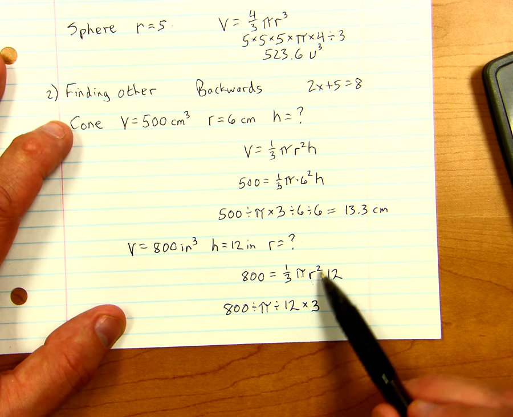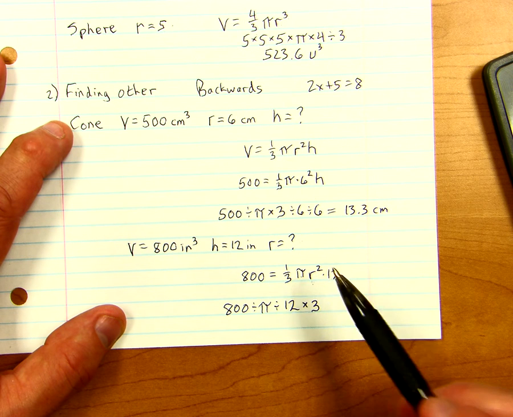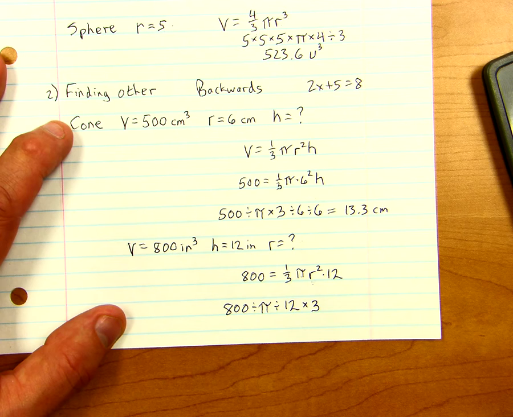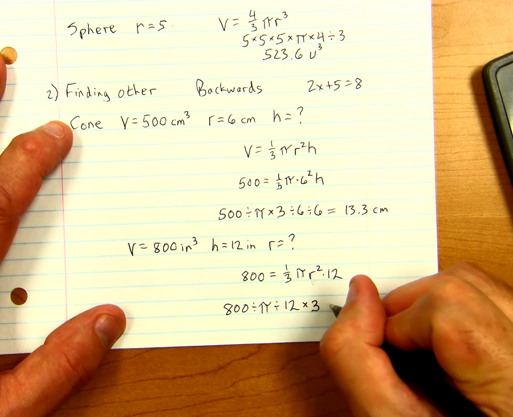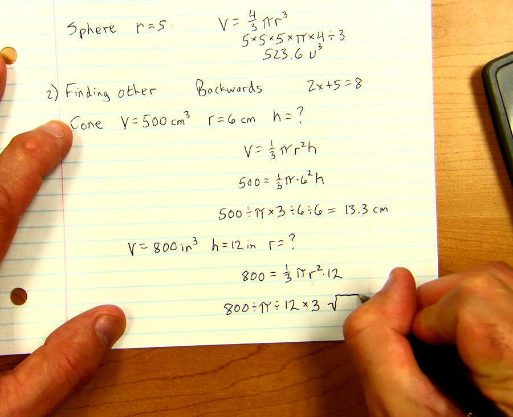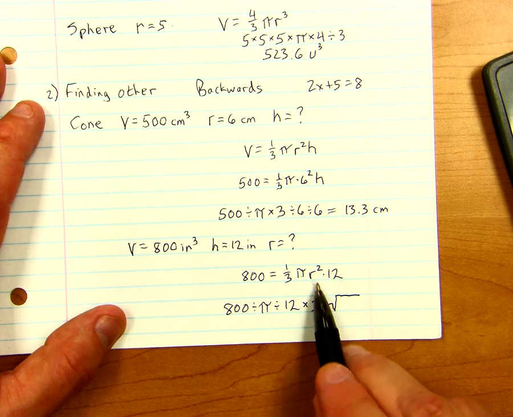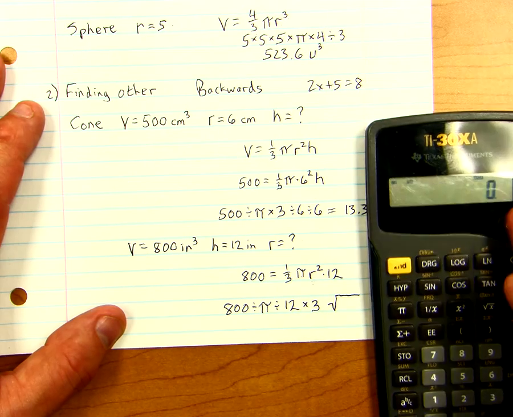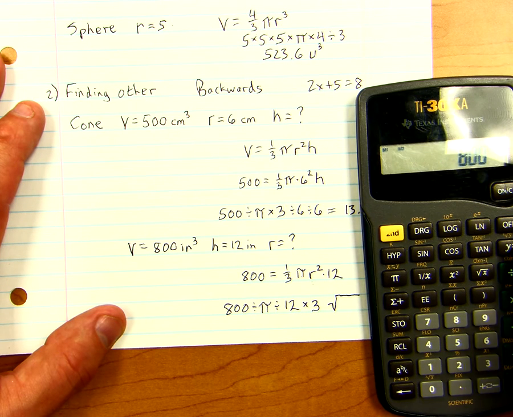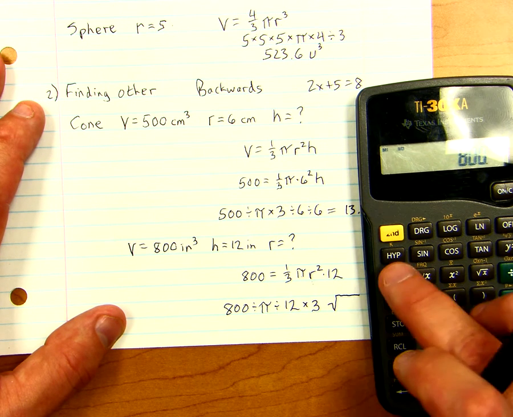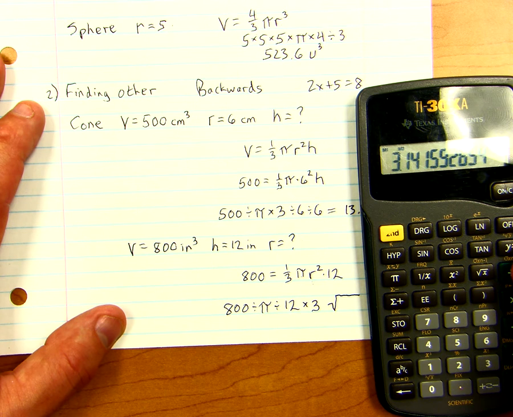Now how do I undo the squared? What's the opposite of squared? Square root, nice. The last thing I will do is square root my answer, because I'm undoing radius squared. So here we go, 800 divided by pi, divided by 12, times 3.